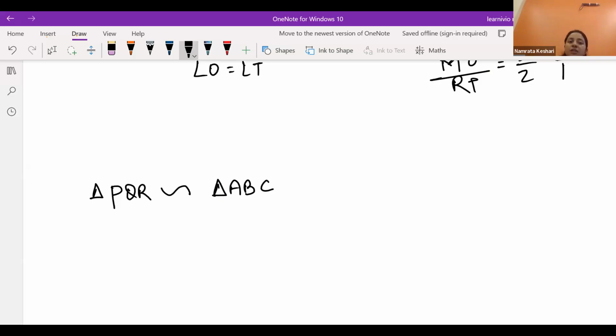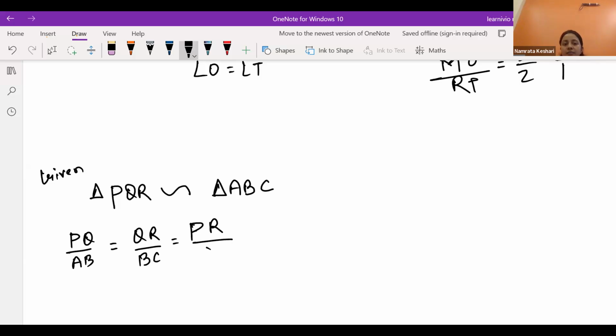Because by the given condition, you understand that PQ by AB, whatever the ratio, will be the same as QR by BC, and these will be the same as PR by AC. Apart from that, angles will also be the same. So angle P over here and angle A over here will be equal.